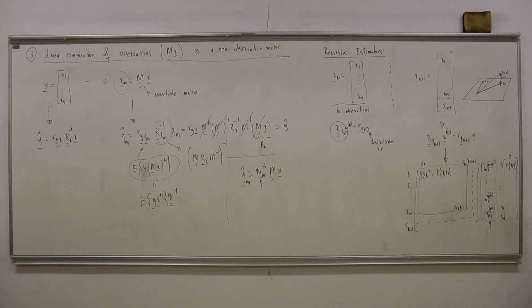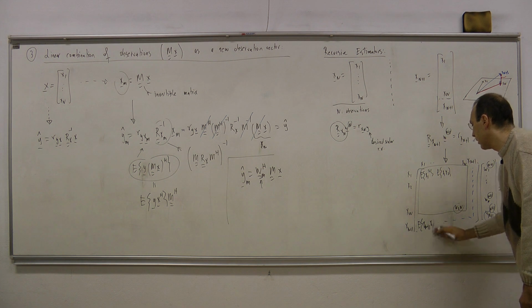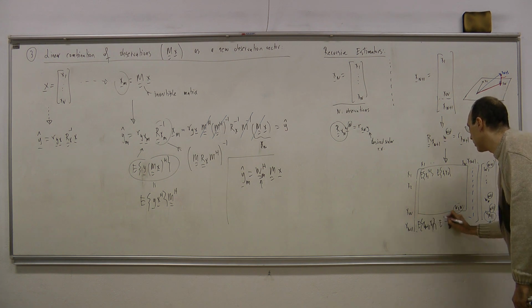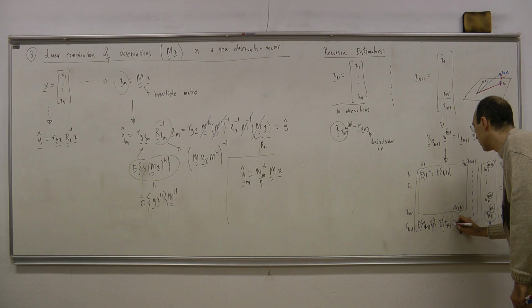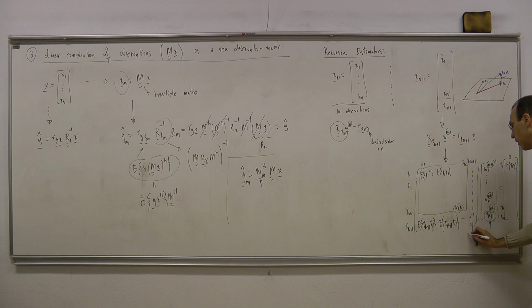The issue is this: x of n plus 1 times x1, this is x of n plus 1 times x2. So it goes like this. The last one is x of n plus 1 square. Of course, this is a symmetric matrix, so this one is appearing over here, this one is appearing over here, and so on.